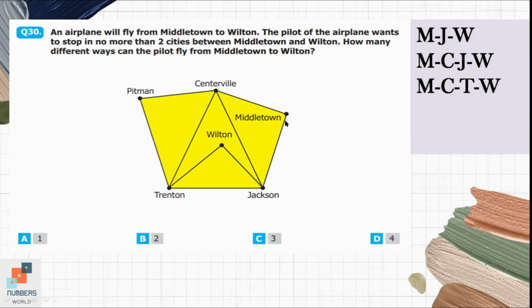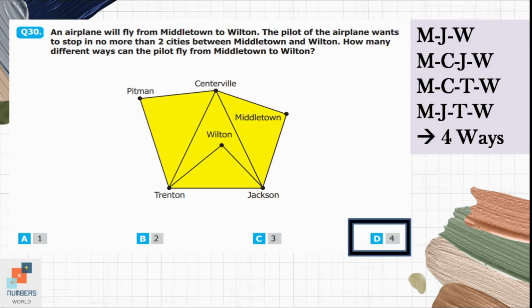The last route is Middletown to Jackson, then Trenton, and at the end Wilton. We will not include Pittman because if we add it, then he will have to travel through more than 2 cities between Middletown and Wilton. So that's why there are only 4 ways he can fly from Middletown to Wilton. That is our option D.